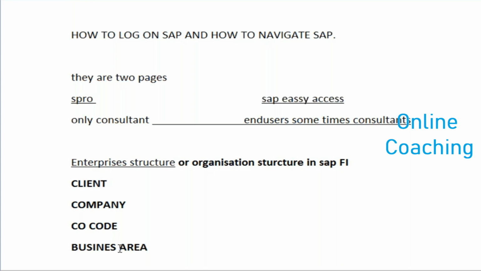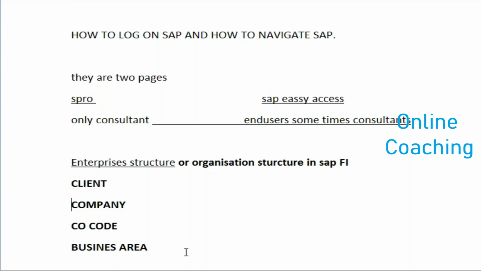Okay, this is the structure for FI. If you see the enterprise structure in MM, instead of FI, this is the same, this is also the same, but here it changes. Company code, plant, and storage locations will change in MM. In CO, operating concerns will change.